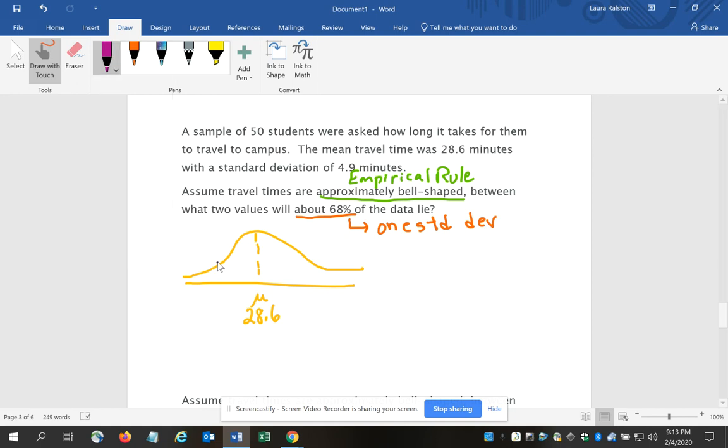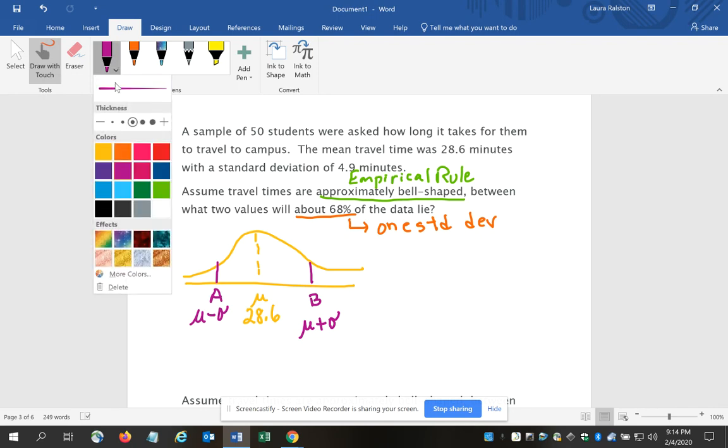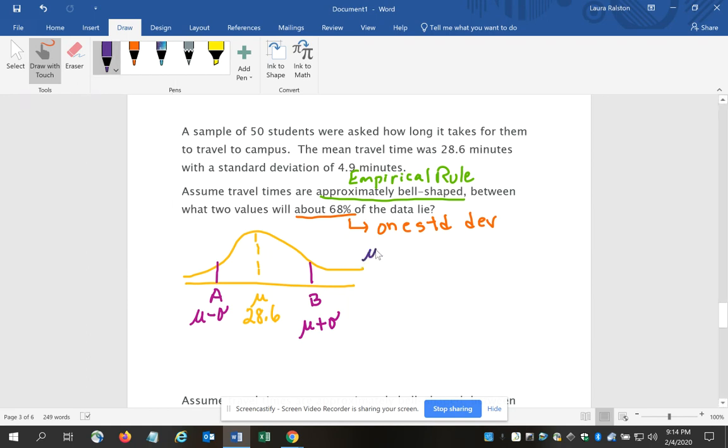It wants to know what two values. So I'm going to have one value, and we can continue to call them A and B. You have value A, which would be the mean minus 1 standard deviation, and value B, which is the mean plus 1 standard deviation. In this problem, you basically have to find both values. If we start with letter A, and it really doesn't matter which one you start with, we would have the mean minus the standard deviation.